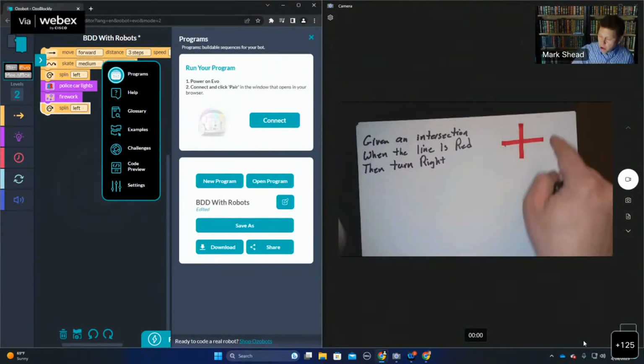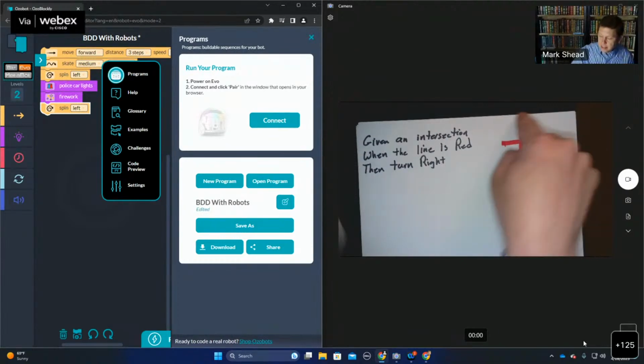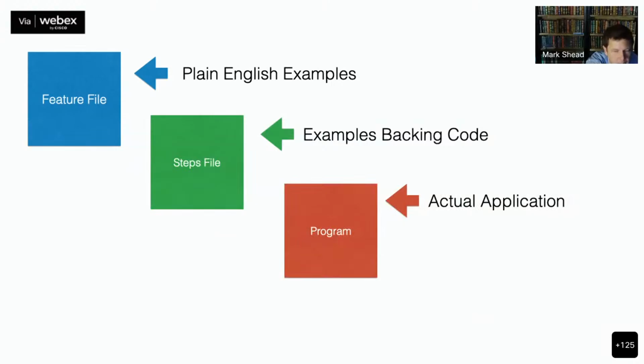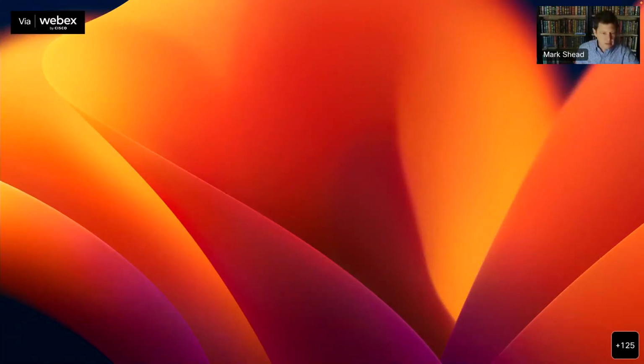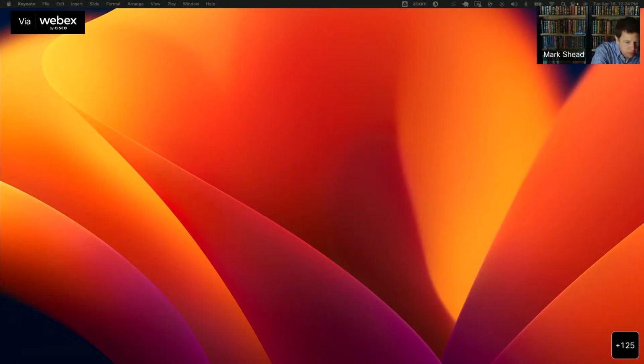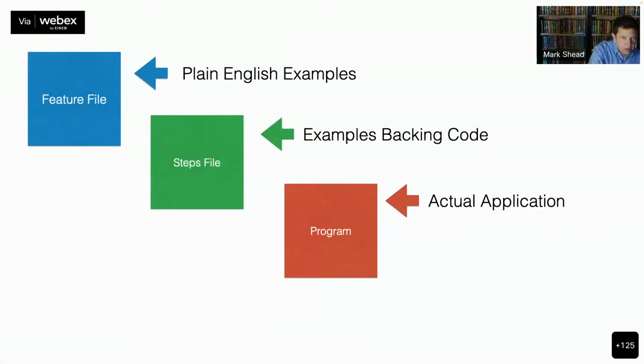So what we're doing is, matter of fact, let me jump back here just to make sure we're on the same page. Okay, so we have our feature file. In this case, the given intersection, when the line is red, then turn right, that's our feature file.